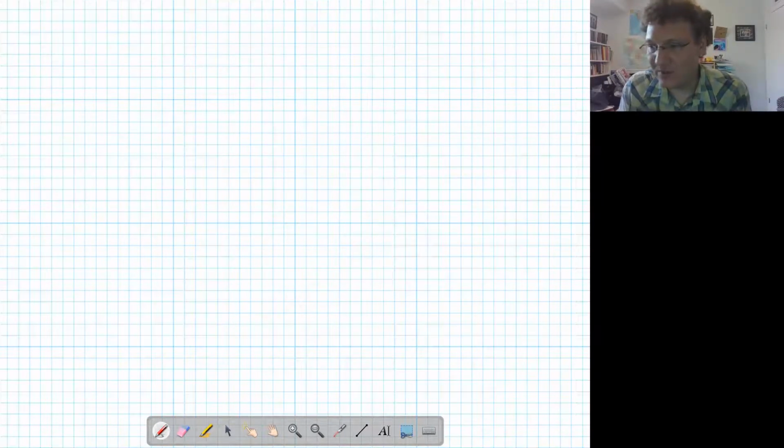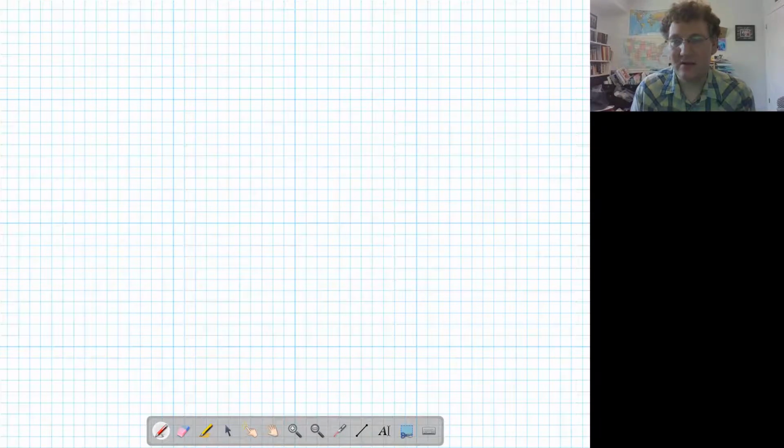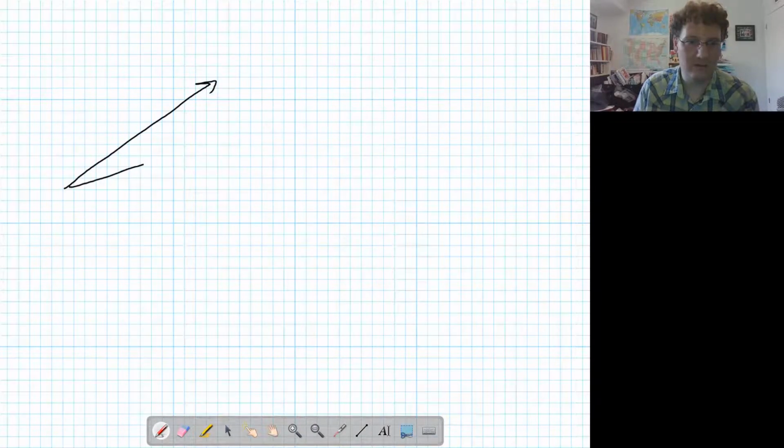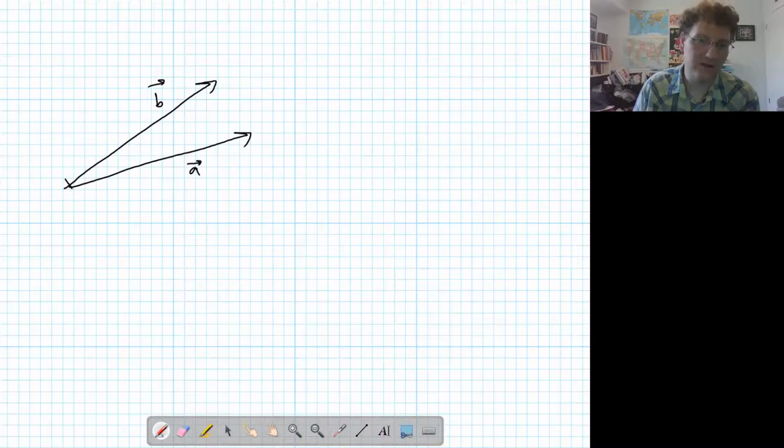All right, so the cross product takes two vectors. If you have two vectors in space, this is vector A, this is vector B. The cross product is going to give you some new vector, A cross B, a vector that's orthogonal to both.